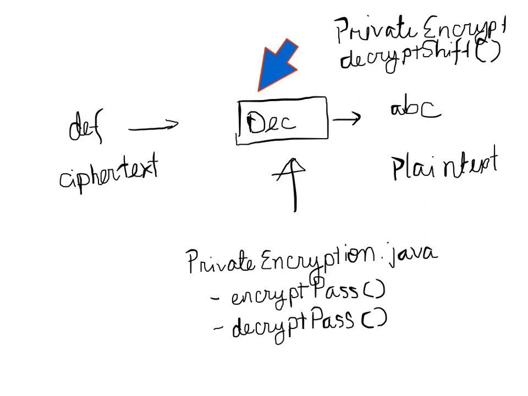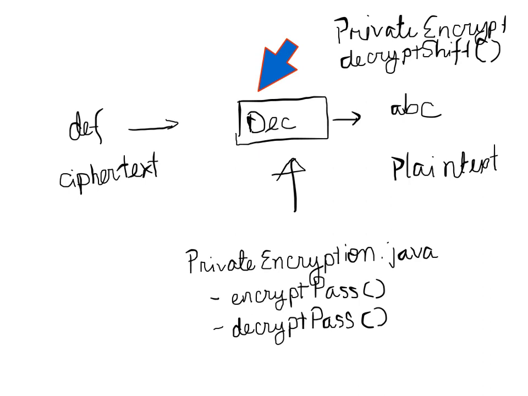In PrivateEncryption.java, there are 2 more methods. One is encryptPass. It also encrypts the plain text to ciphertext, but using a different method than shifting. You need to pass a password, and the encryption will be performed based on the password.